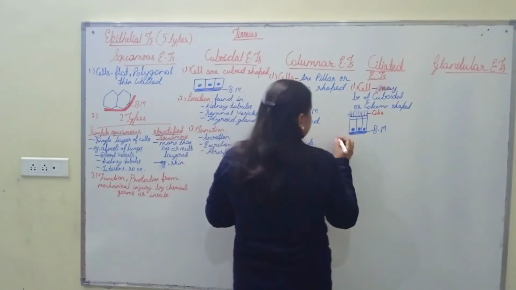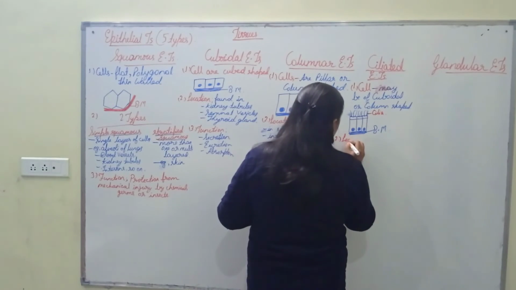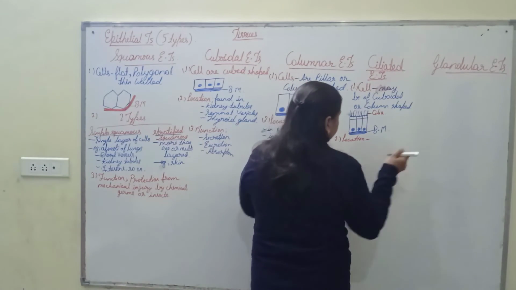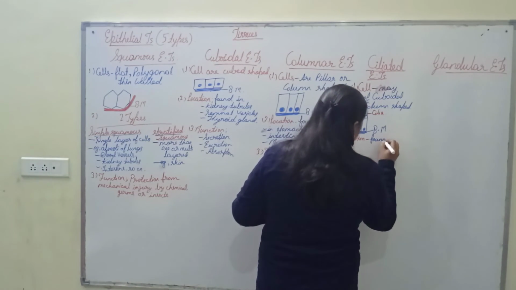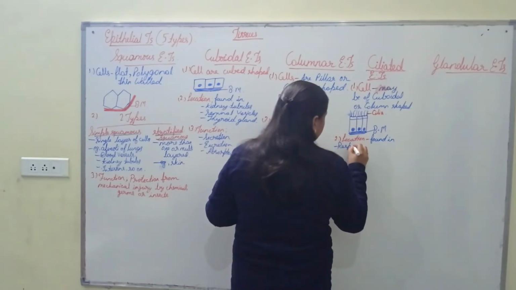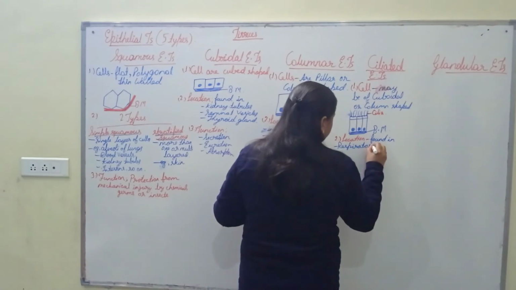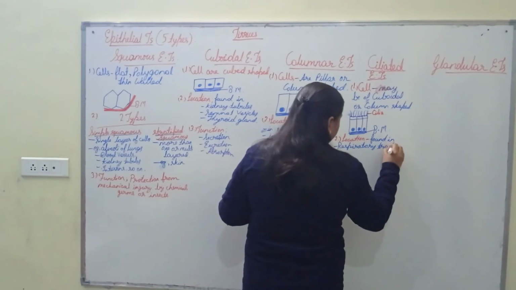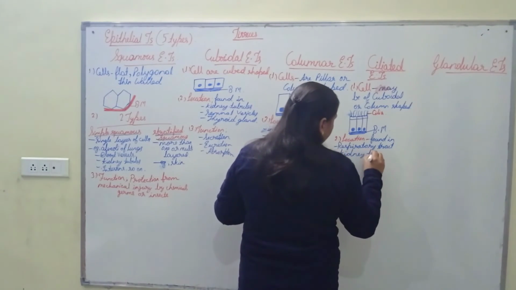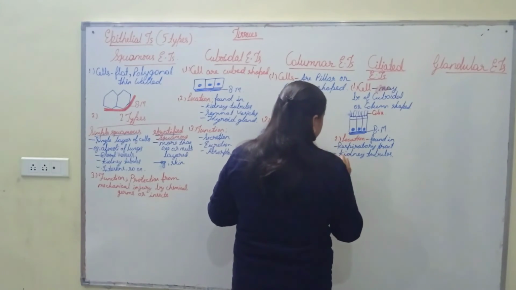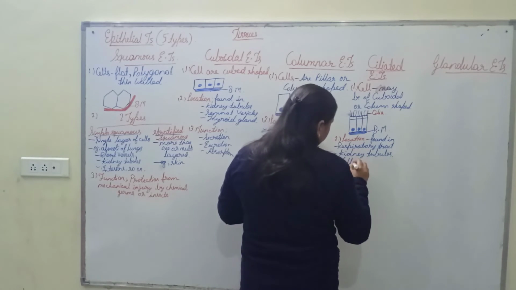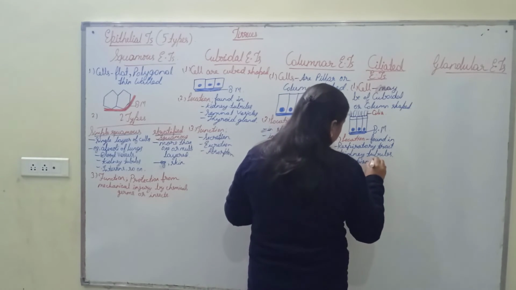Now the location of the cells. These are found in the respiratory tract, kidney tubules, and in the fallopian tube and oviduct.